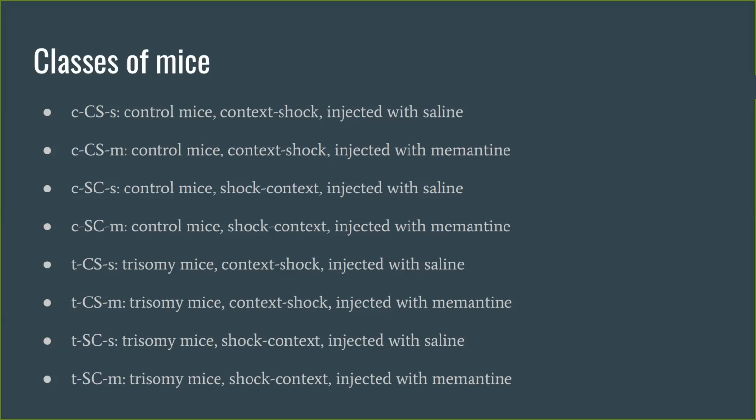So if you group them by trisomy, is there any pattern? We have tried to group. I think based on the genotype, it's either the control or trisomy. It can show some separation patterns, but not as good as the behavior.